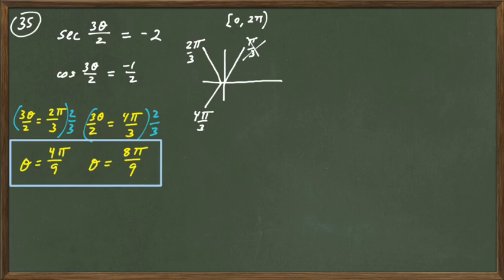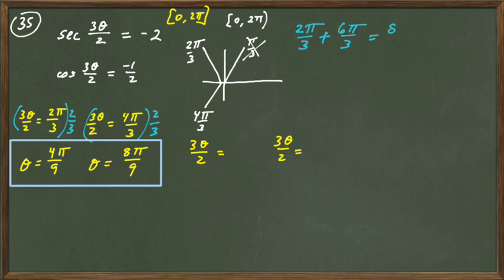Now, if I continued, because this again wants all your answers between 0 and 2 pi, I'm going to take my 3 theta over 2 and make it equal the next increment. In other words, add 2 pi. If you have 2 pi over 3 and you're adding 2 pi or 6/3, what does that give me? 8 pi over 3.